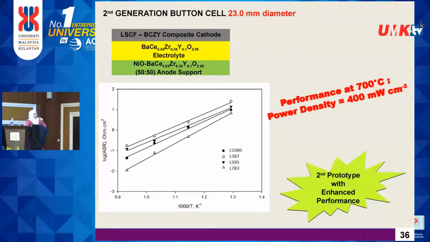The performance of this single cell with the modified cathode is about 400 milliwatt per centimeter square. So it increased about 100 milliwatt per centimeter square from the single LSCF to the composite LSCF.